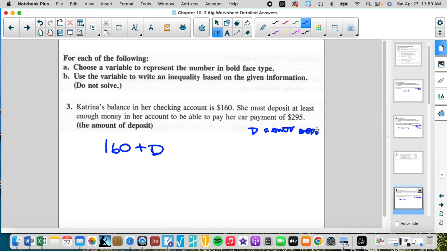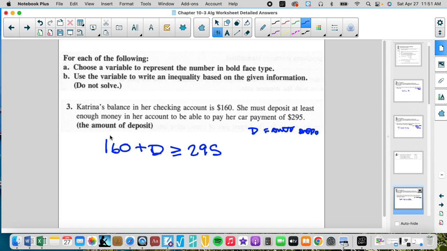Sorry, lots of interruptions. So Katrina's balance in her checking account is 160. That's her balance, plus the amount she's going to deposit. She must deposit at least enough money in her account to be able to pay her car payment of 295. So that total must be greater than or equal to 295.